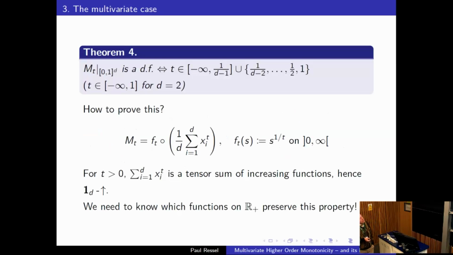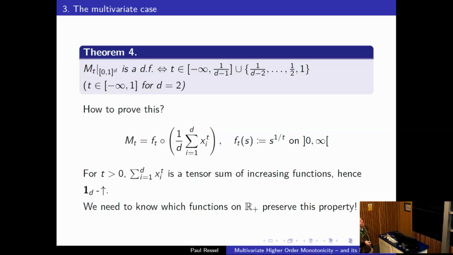If I restrict the mean value M_t to the unit cube, it is a distribution function if and only if t is in this interval, which is a little bit in the positive part, and then some discrete set 1 divided by d minus 2 up to 1/2, and then 1. And if you look, what does it mean for d equal to 2? Well, then it's in fact the complete interval from minus infinity to 1.